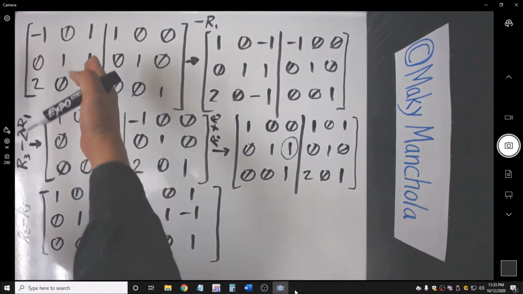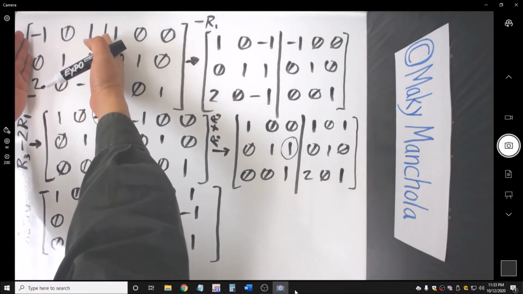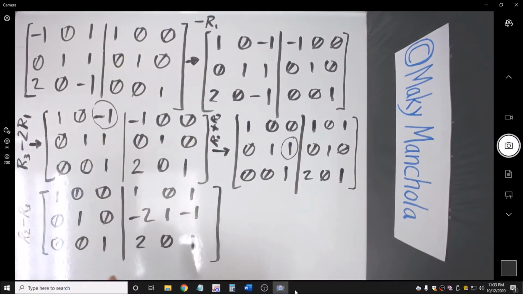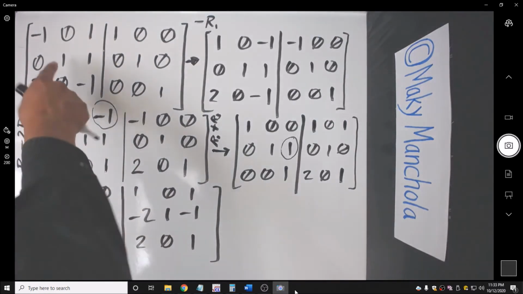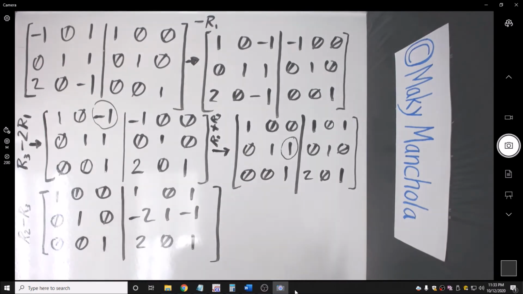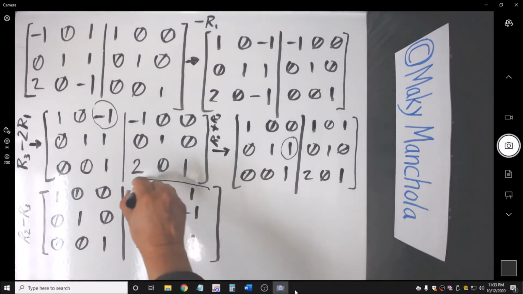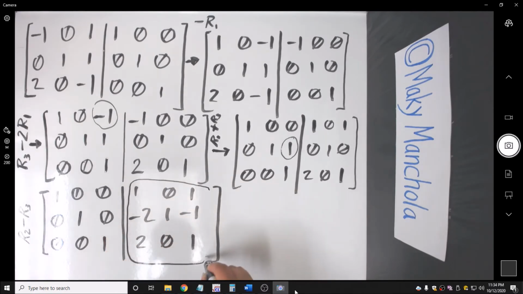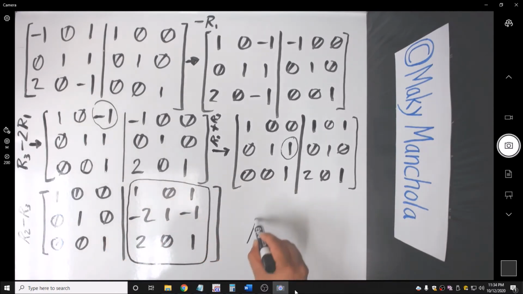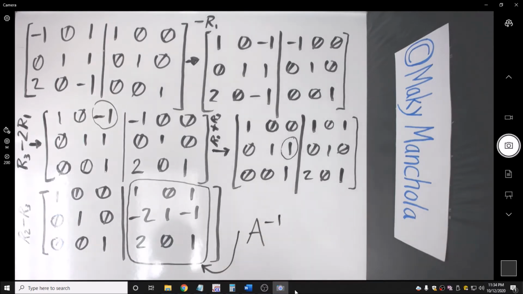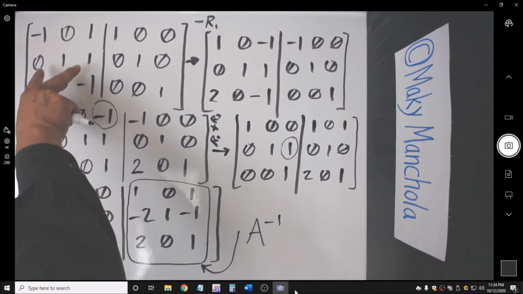First, we confirmed that A is row equivalent to the identity. So we just confirmed that A, in fact, is invertible. But we also obtained something else. We obtained this block right here. That happens to be the inverse of A. That's the method that we are using to find the inverse of A.